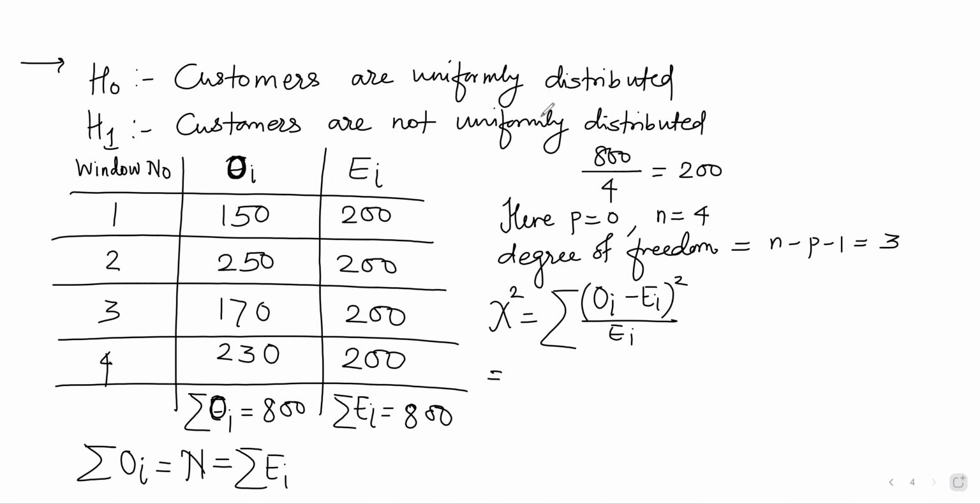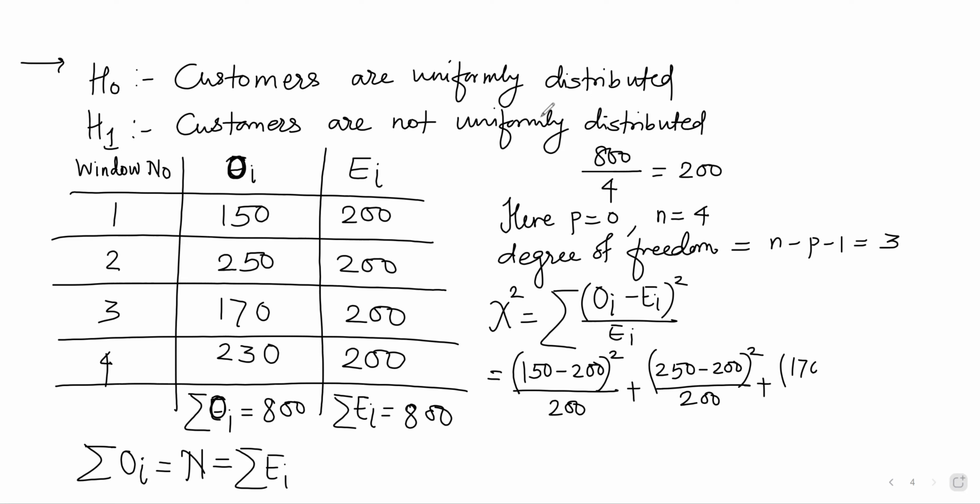So the first value is (150 minus 200) whole square divided by 200, plus the second value, (250 minus 200) whole square divided by 200, plus the third value, (170 minus 200) whole square divided by 200, plus, now here we are fortunate that all the expected values are the same.